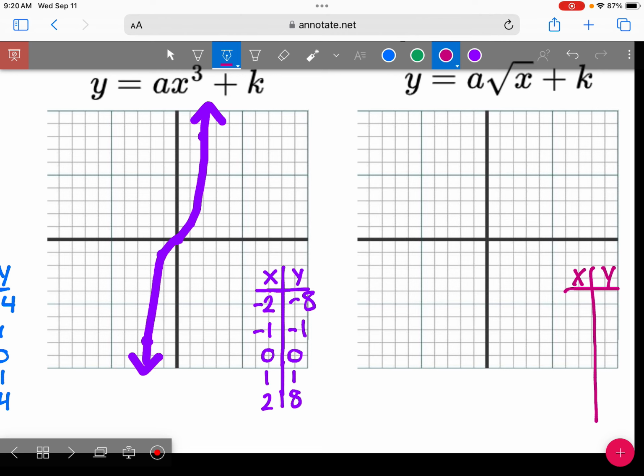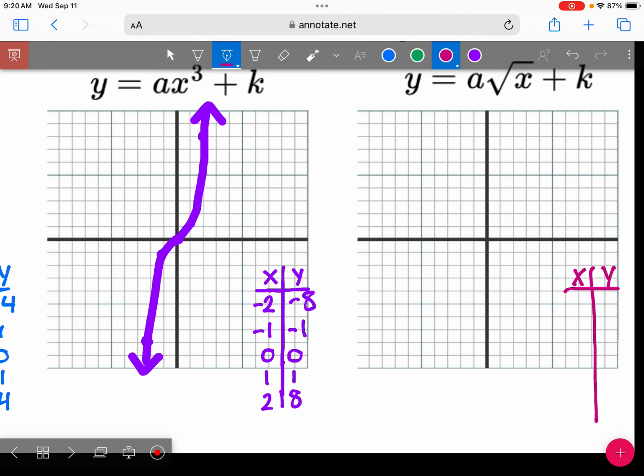What do we think? When we're taking square roots, what do we want to use? Perfect squares. Do we want to use negatives when we're graphing? Why? Because they're imaginary.